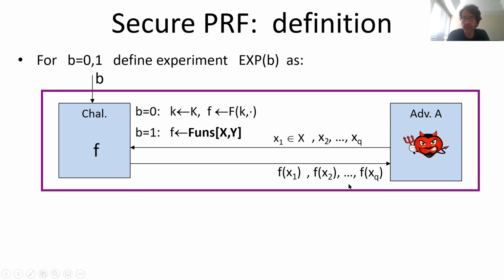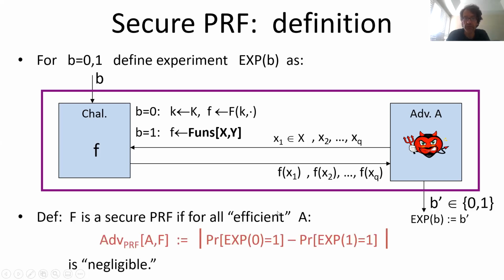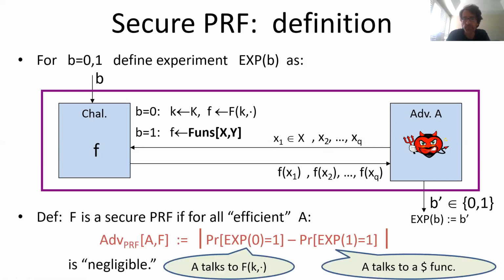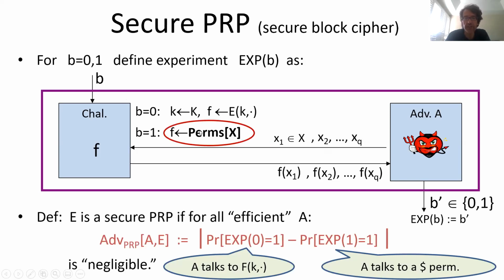And the PRF is secure if, again, there is no correlation between these two bits, except for a negligible amount, right? So it's the same type of notion. And the only difference between a PRF and a PRP, in some sense, is right here. Instead, in the ideal world, we don't consider this a random function. We instead consider this a random permutation. Okay, most of the time it would not matter.